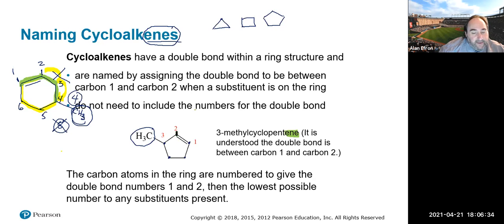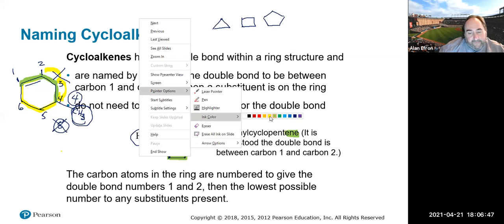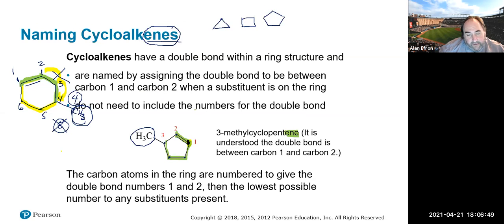So either carbon number 1 is here, and we would have to go through the double bond to 2, to 3, to 4, to 5. Or we would do the opposite approach, starting here at carbon number 1, going through the double bond to carbon number 2, and then down to carbon number 3.